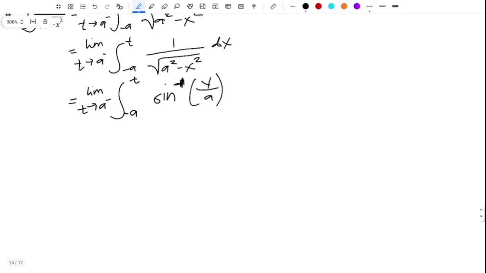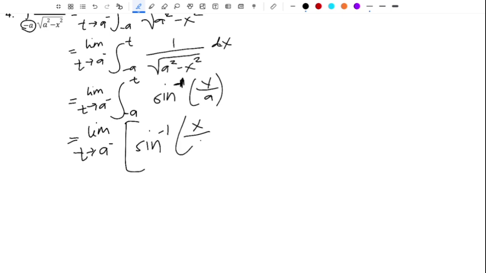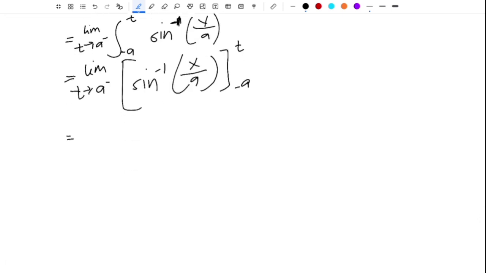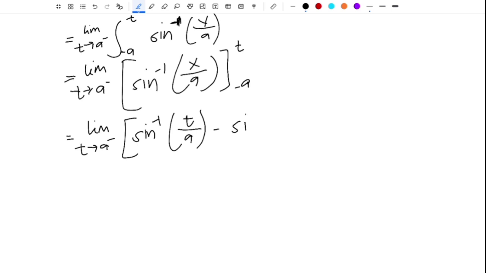From here, let's apply the lower and upper bounds. The limit as t approaches a from the left of arc sine of x over a, from negative a to t. The rule is upper minus lower, so let's perform it. We have arc sine of t over a, minus arc sine of negative a over a.